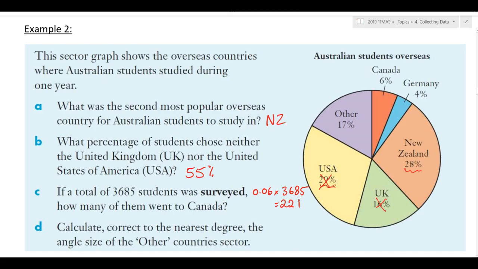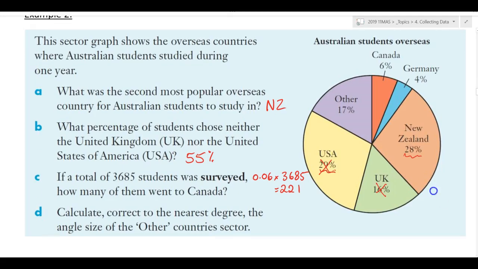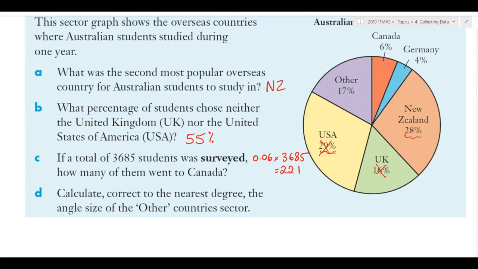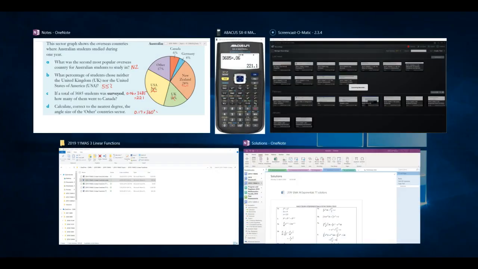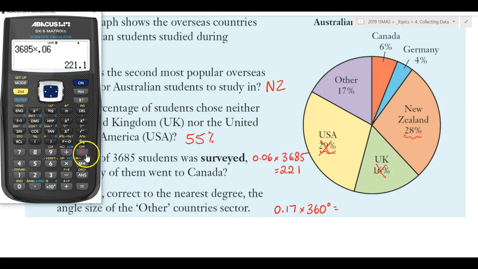Now, calculate to the nearest degree the size of the angle for the others. So other is 17%. So what I want is 17% of 360 degrees. So 0.17 times 360 degrees equals, let's see if I can get my calculator back there, here it is.